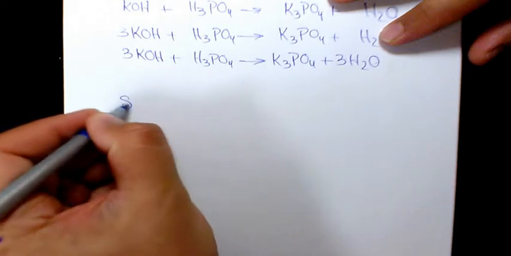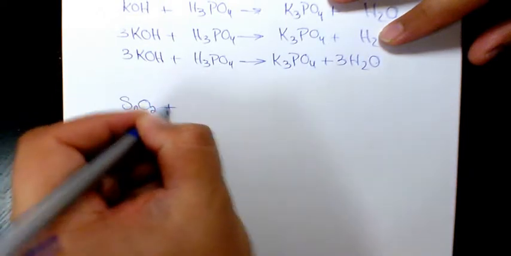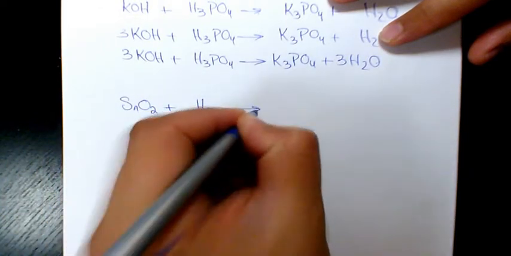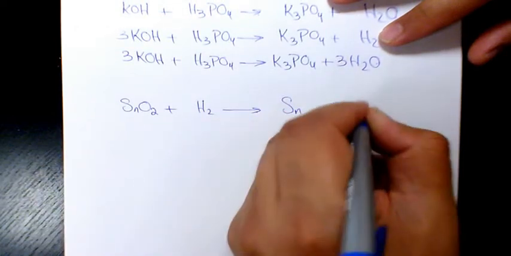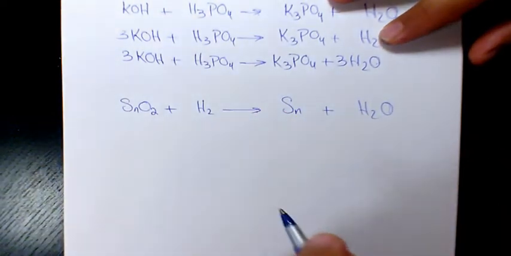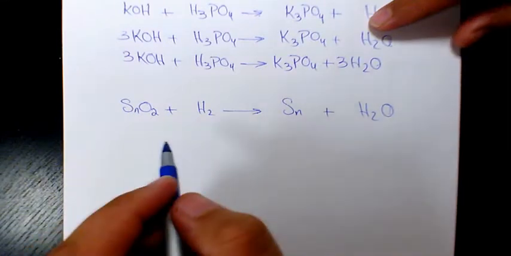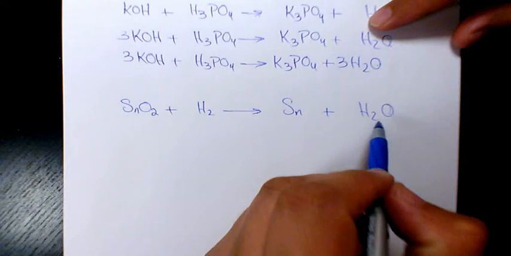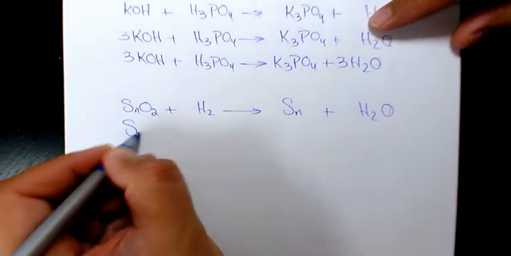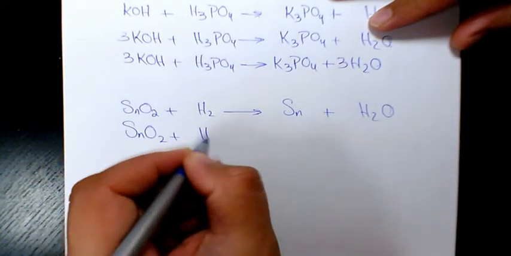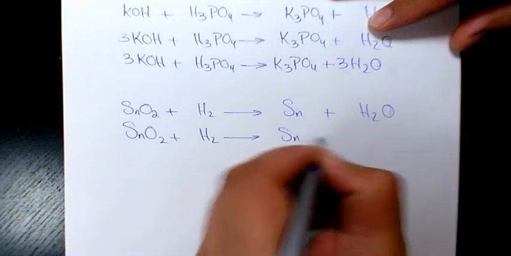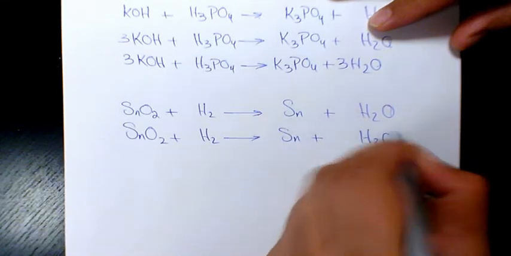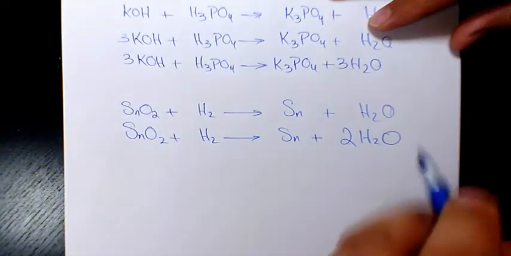Next one, SnO2 plus H2 gives us Sn plus H2O. So in this case, we have 2 oxygen here, so we need to put 2 in here. So SnO2 plus 2H2 gives us Sn plus 2H2O.